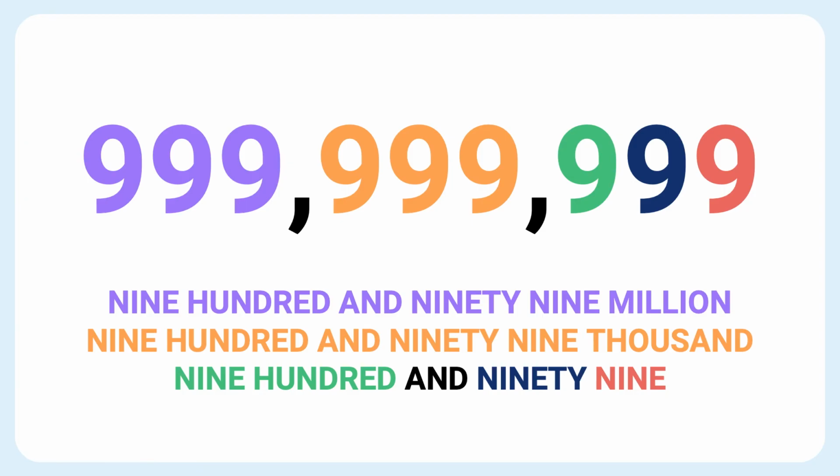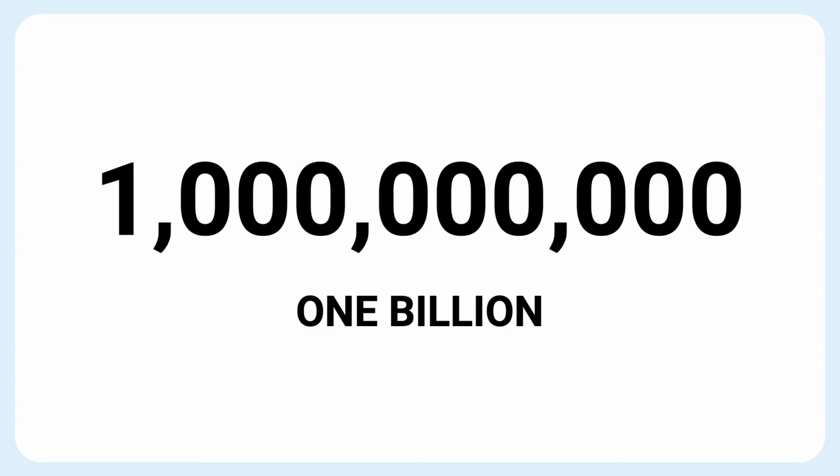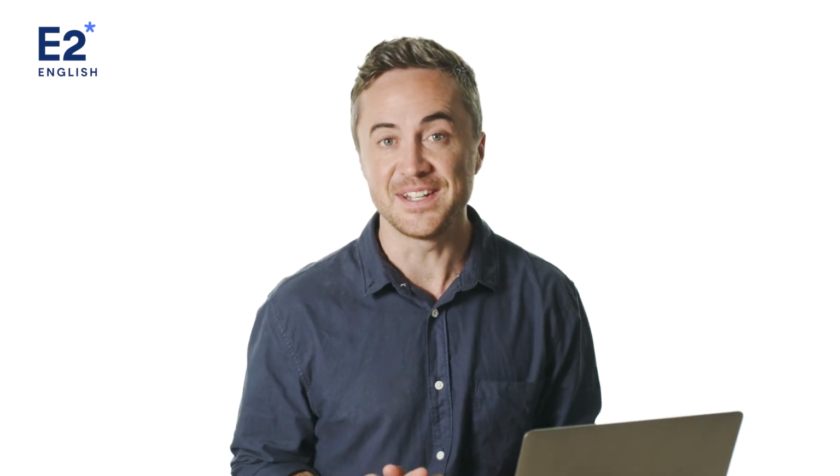Notice the use of the words and here. All right, drum roll. How do you spell 1 billion? It's easy. 1, O-N-E, space, billion, B-I-L-L-I-O-N. And that's it, you've done it. You can now spell all the numbers in English from 1 to 1 billion.